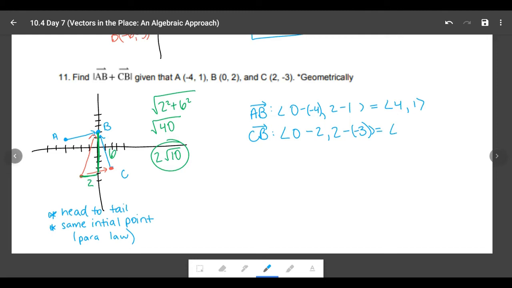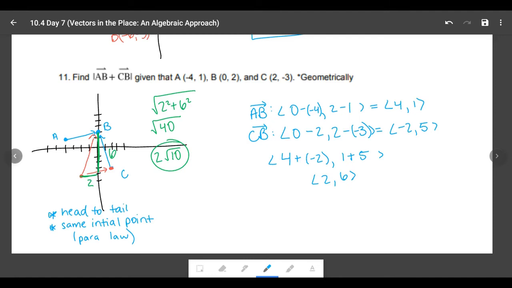And so CB is going to be the vector -2, 5. Now I'm going to take these two vectors and add them together. So that's simply going to look like 4 plus -2 and 1 plus 5. And so this vector is going to be 2, 6.